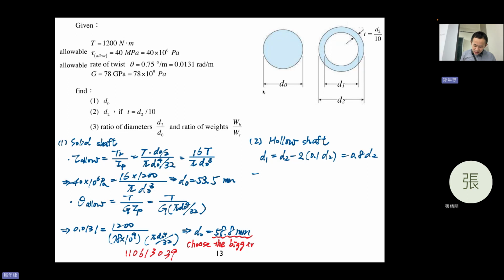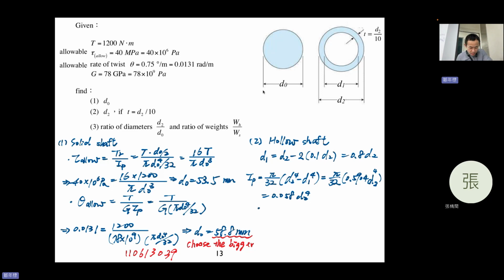Okay, so the IP here is pi over 32 times (D2^4 minus D1^4), which equals pi over 32 times 0.5904 D2^4, so 0.058 D2^4. Okay, so IP is here.